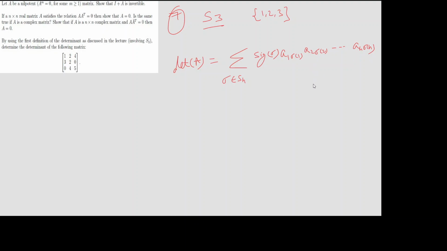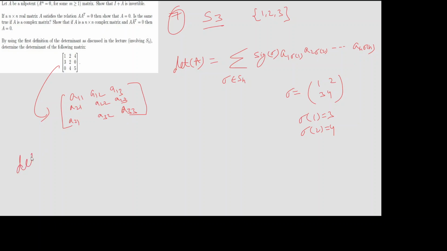Sigma of, for example, suppose we have sigma, let's say 1 2 3 4, that means sigma of 1 is 3, sigma of 2 is 4. So in S3, for this 3 by 3 matrix we have A11, A12, A13, A21, A22, A23, A31, A32, A33.